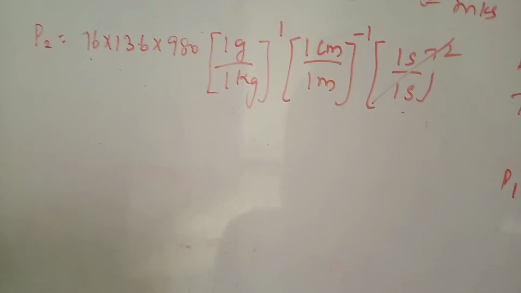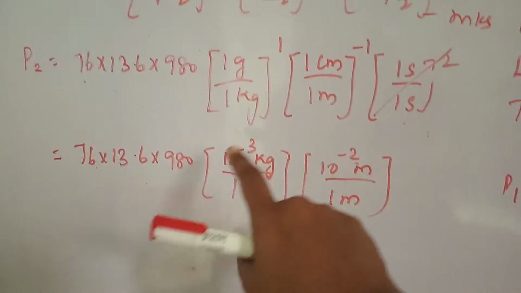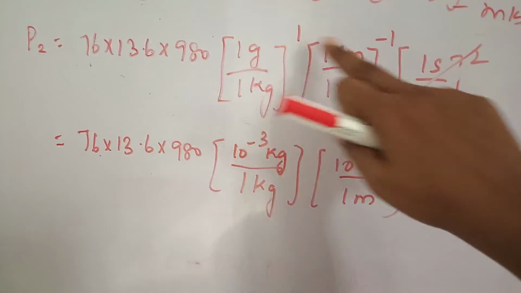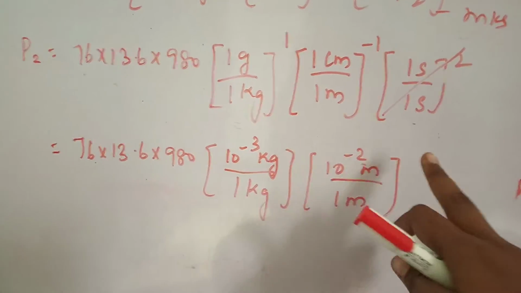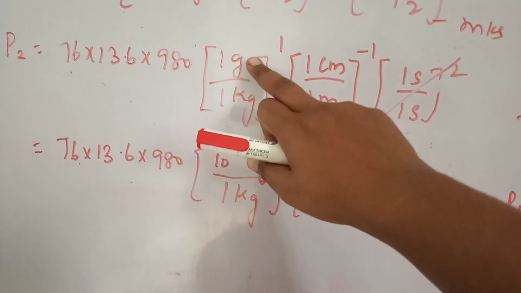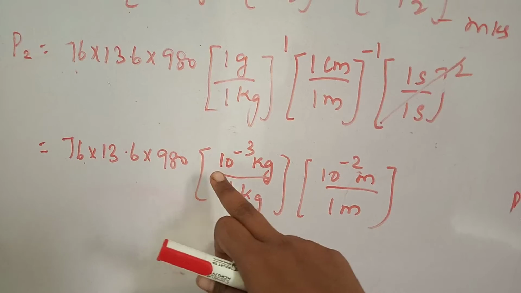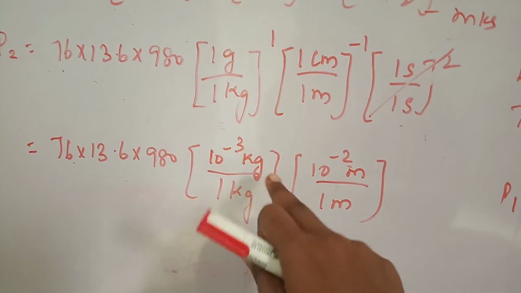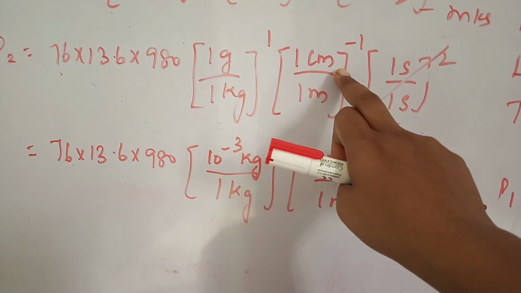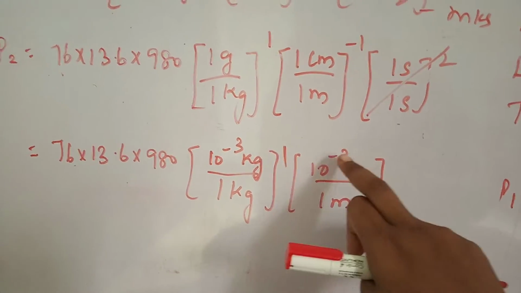Now you have to convert the CGS system into the MKS system. So convert the CGS values into MKS values. 1 gram should be converted into kilogram. So 1 gram is converted into 10 to the power minus 3 kilogram, this whole power 1 as it is. And then when you convert centimeter to meter, it is 10 to the power minus 2 meter.